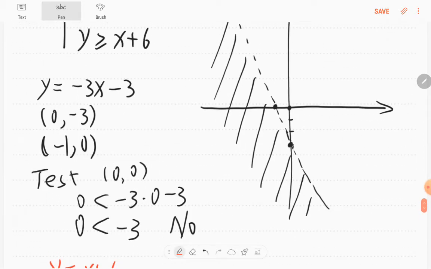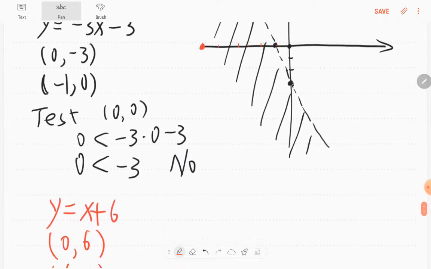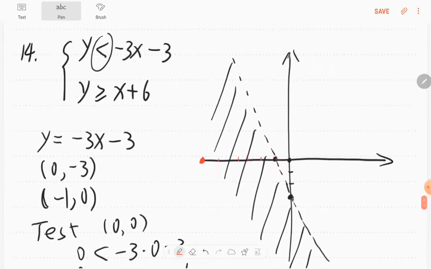So this is 1, 2, 3, 4, 5, 6. So this is negative 6 here, the point negative 6, 0. And 0, 6. So this is 1, 2, 3, 4, 5, and 6. This is another point.